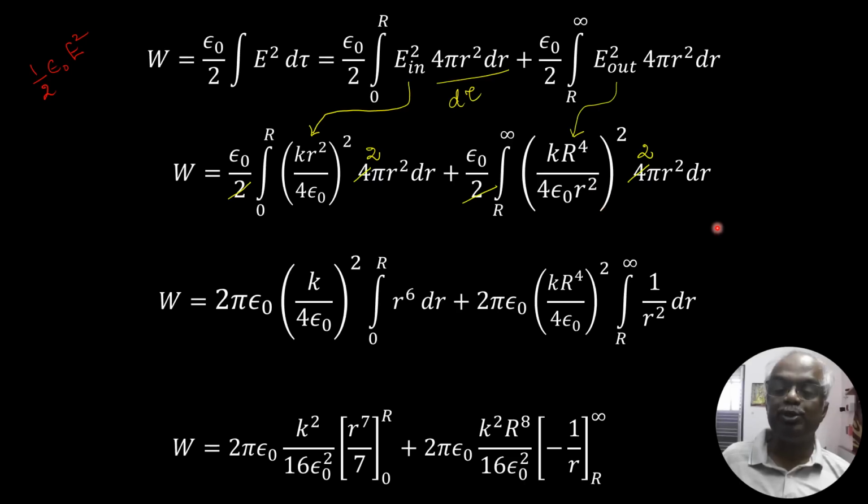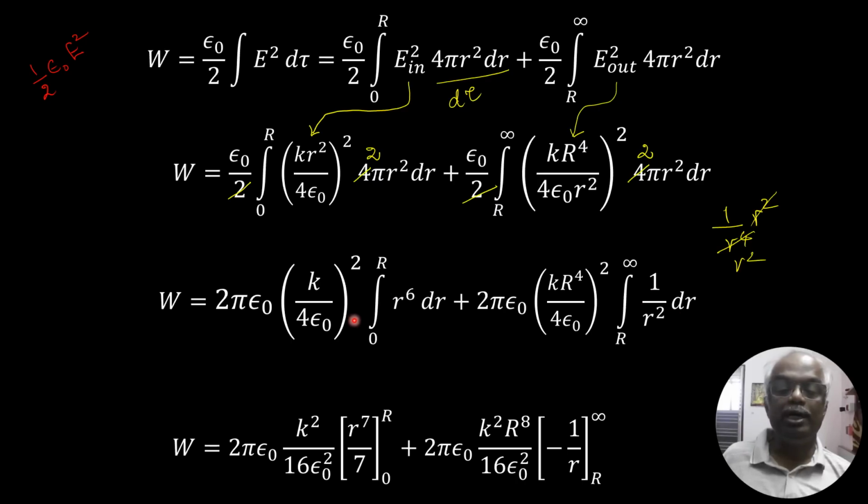R squared of square is r power 4, so this is 1 over r power 4, and already we have r squared outside. So both will get cancelled, it will become r squared, 1 over r squared. So I have taken k r power 4 over 4 epsilon naught whole squared, integral between r to infinite, that is outside the sphere, 1 over r squared dr.